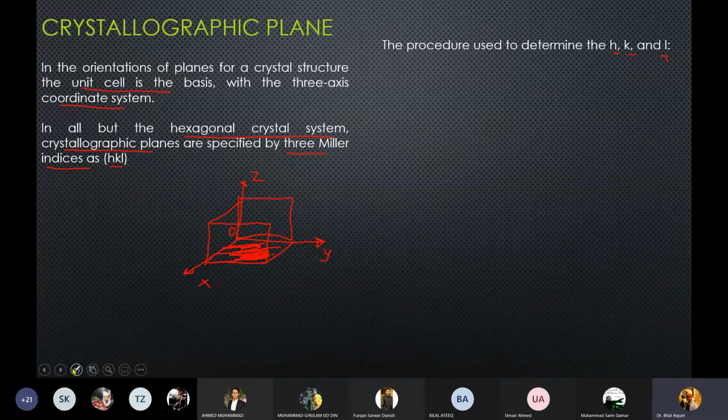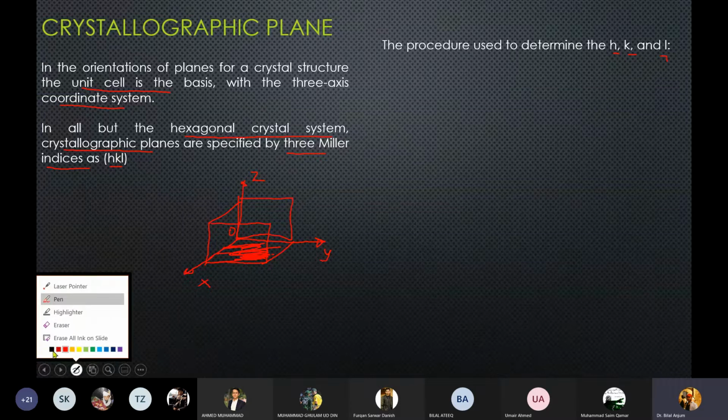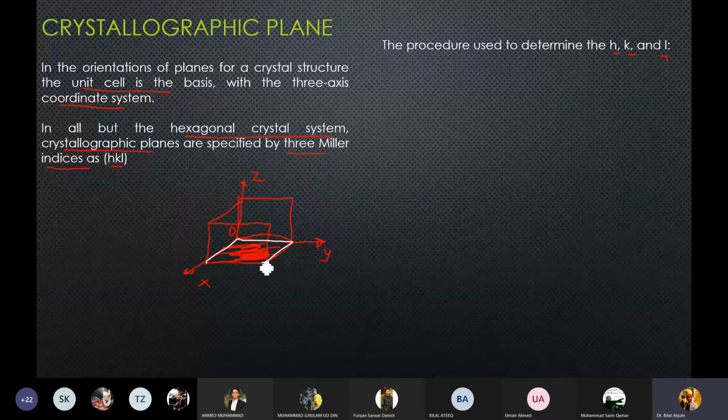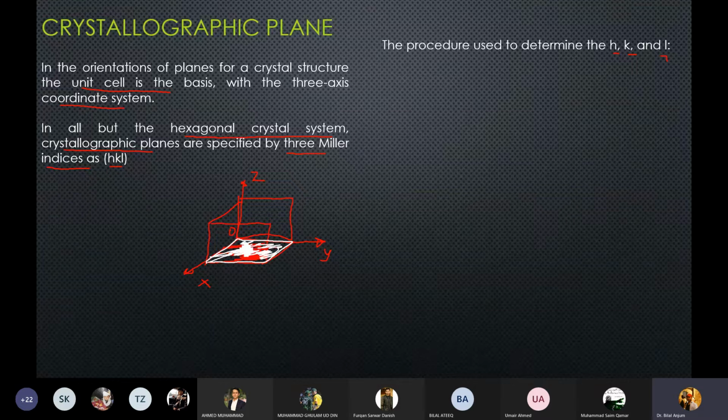Let me draw the boundaries of the plane in a different color so that it is visible to you. So I am interested in the bottom plane. Let's say someone has drawn this plane for me and he wants me to find out or represent this plane in terms of Miller indices H, K, and L. So what is the procedure to find out the HKL for this plane?